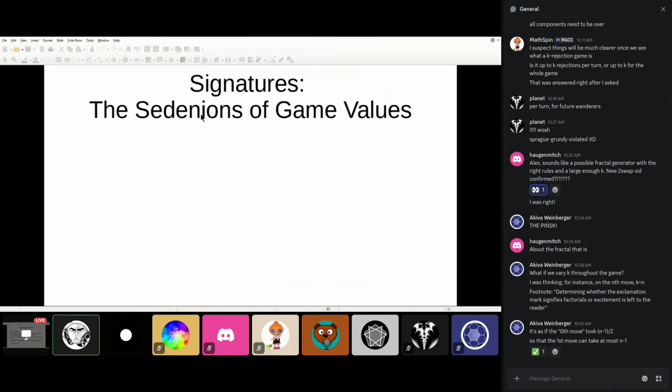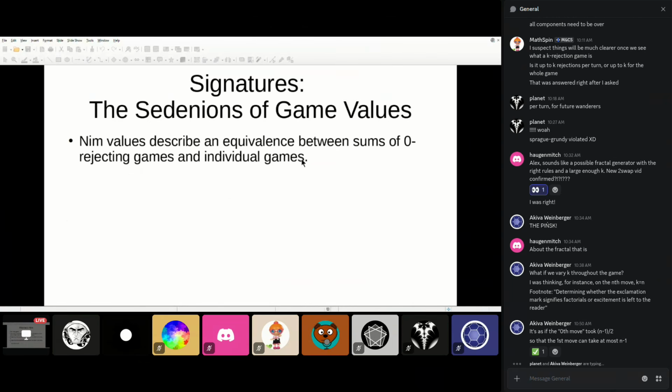So the first thing I came up with, sort of as an answer to how we can evaluate these games and determine whether games are like other games, was this concept of a signature. What motivated this idea was, again, how we look at zero rejecting games.